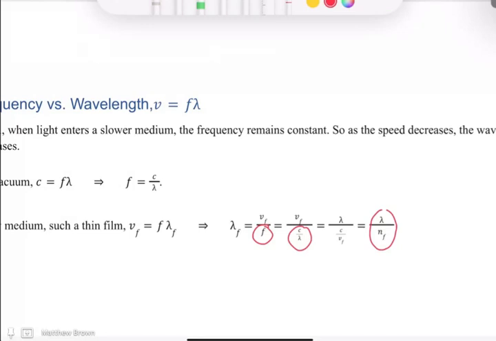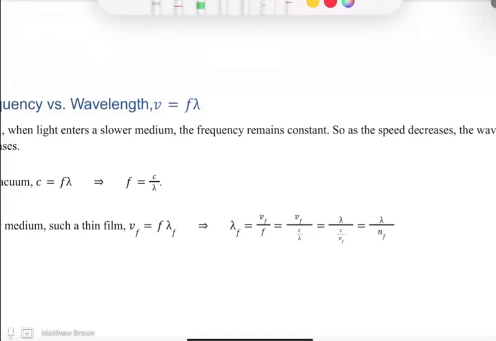So the lambda in any material, in the final one I've circled here, is equal to lambda in a vacuum, whatever that would be going through, I hate to say empty space, it's not really like that, but we'll call it empty space in a vacuum, divided by n, which is just the index of refraction in the material that it's going into.